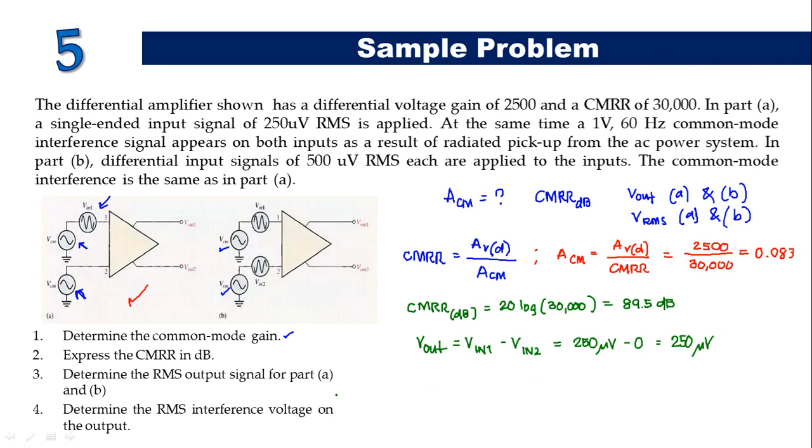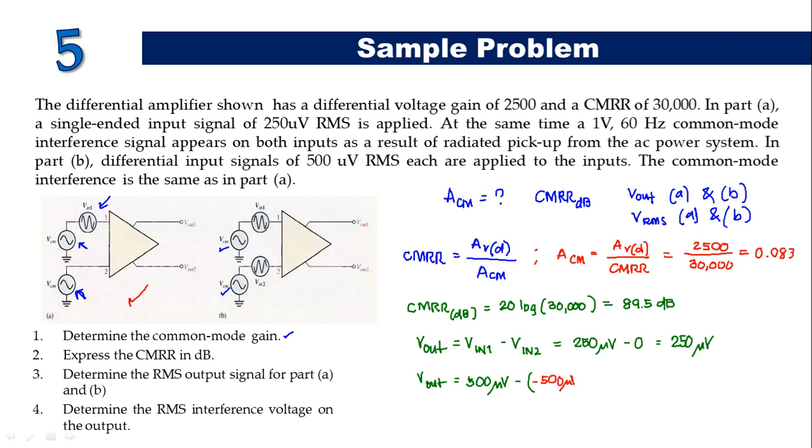So, sa part B naman, voltage out is equal to, ilan yung input natin? 500, no? 500 microvolts minus, dito naman, ang gagamitin natin is negative 500.